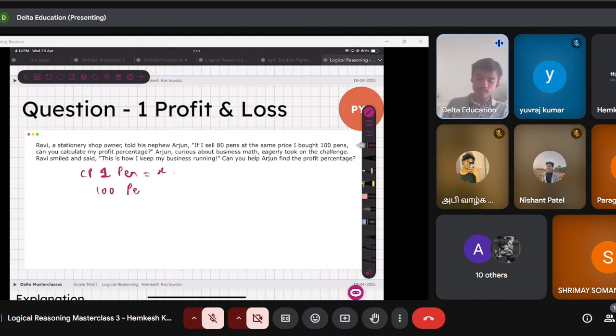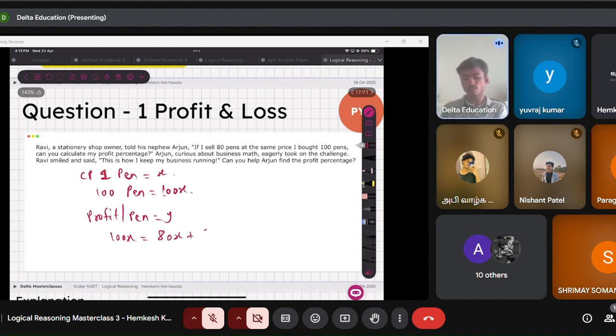If we let the profit on each pen be y, then in the given question, the cost price of 100 pens is equal to the selling price of 80 pens. So 100x will be equal to 80x plus 80y.